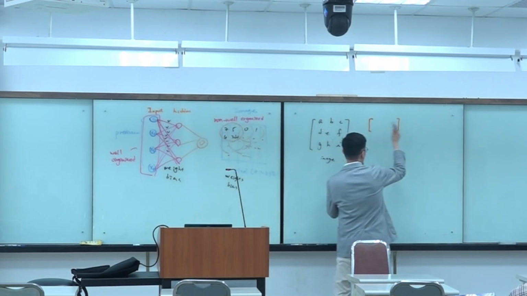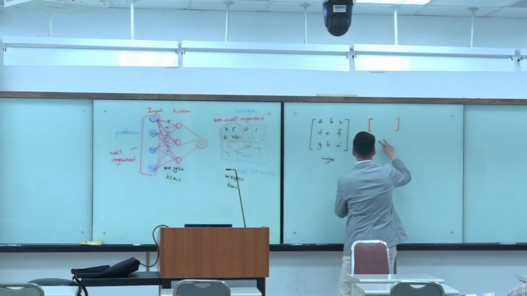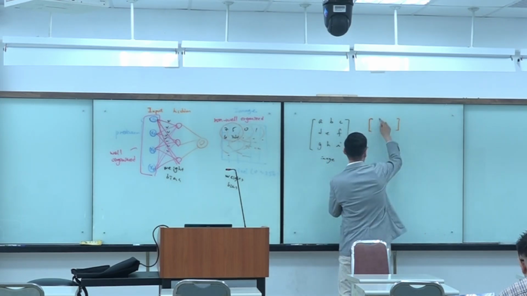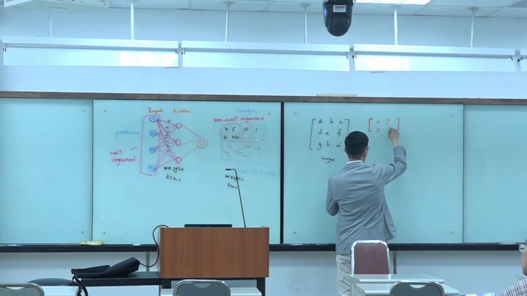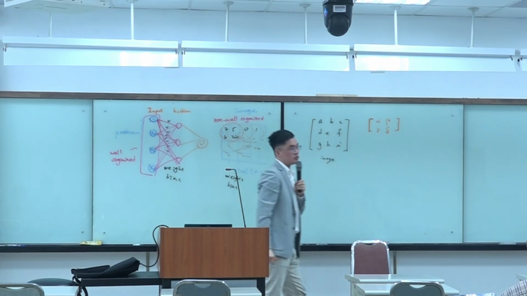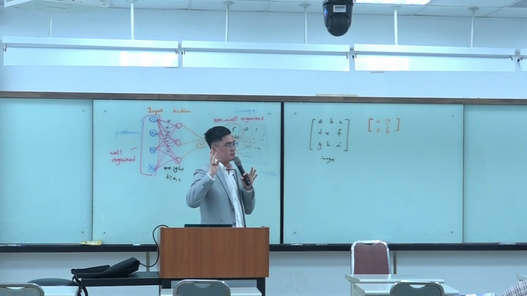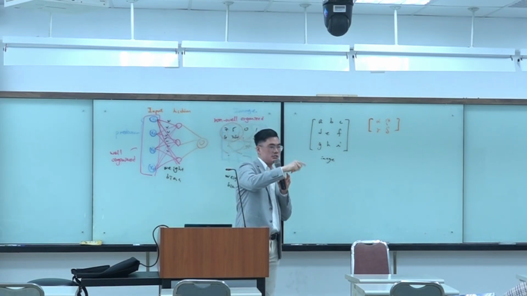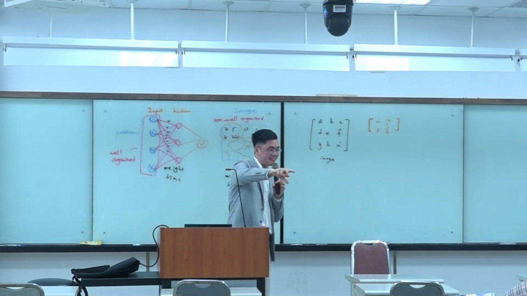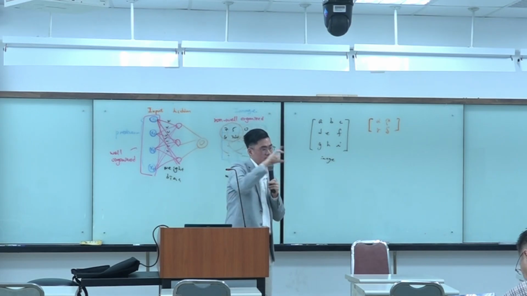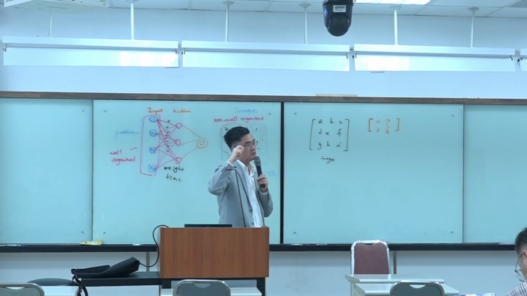So let's assume that the weights in your kernel are alpha, beta, gamma, and delta. And then you can think about using this kernel to scan over the image to extract information.